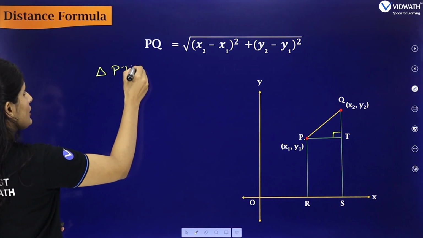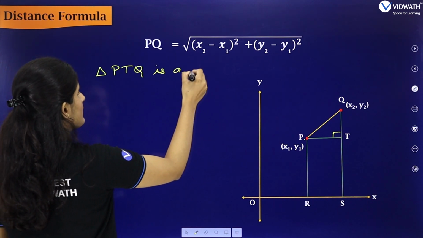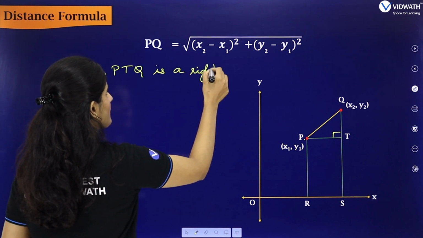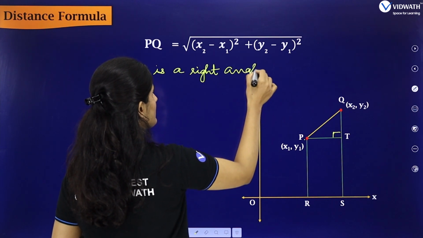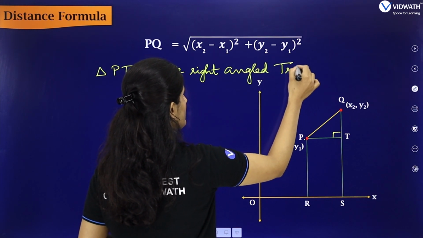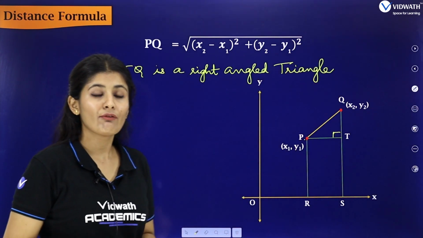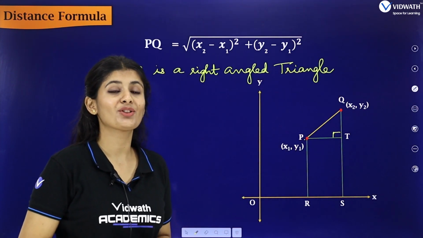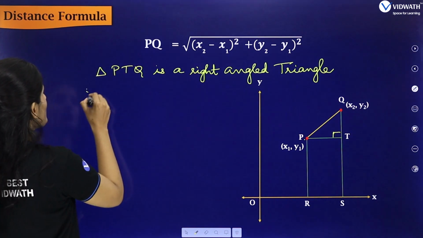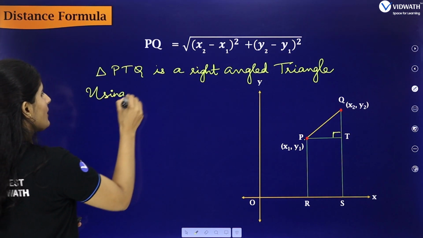Triangle PTQ is a right angle triangle. Therefore, I can make use of the Pythagoras theorem.